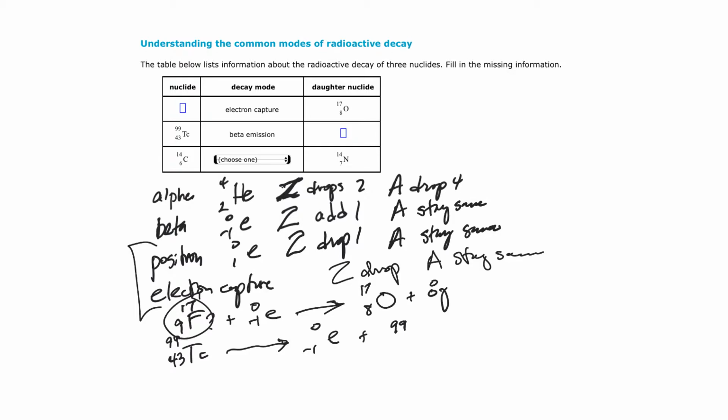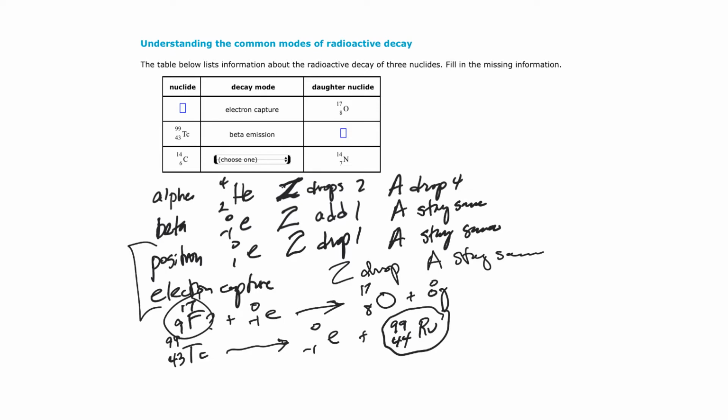What do we have? We have 43 equals minus 1 plus something. What minus 1 equals 43? Well, it has to be 44. And 44 on the periodic table is ruthenium. So this has to be ruthenium 99. That would be your second one.